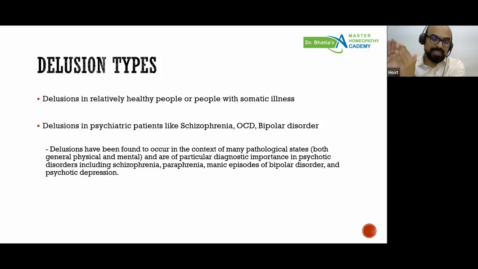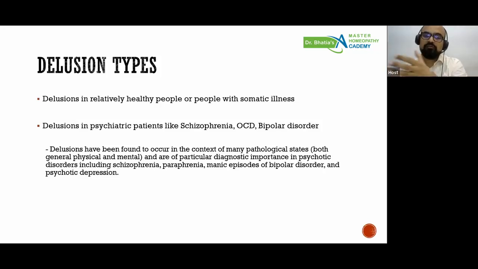We are going to see psychiatric patients where delusions and hallucinations are often common symptoms, and patients who do not have those psychiatric illnesses and yet have some delusion or illusion or hallucination; in such cases delusions are more characteristic.